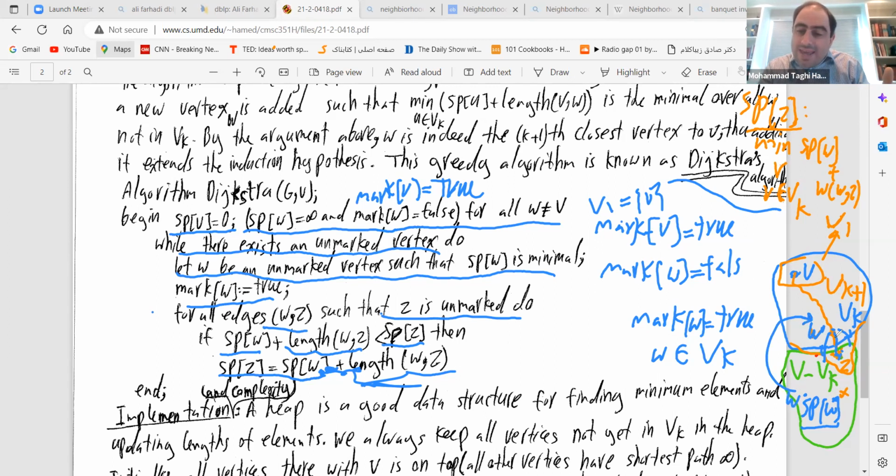And then for all edges going from W to vertices outside of VK plus 1, we will update the shortest path, because now that W has been added, there might be a shorter path through W, and W is the next vertex that we have added. So that's essentially the whole algorithm.